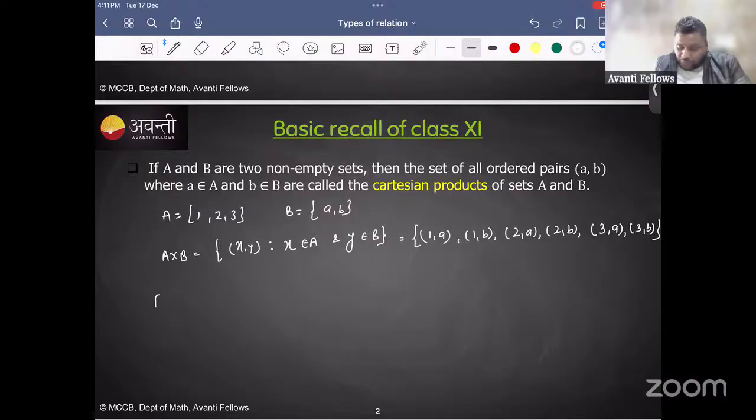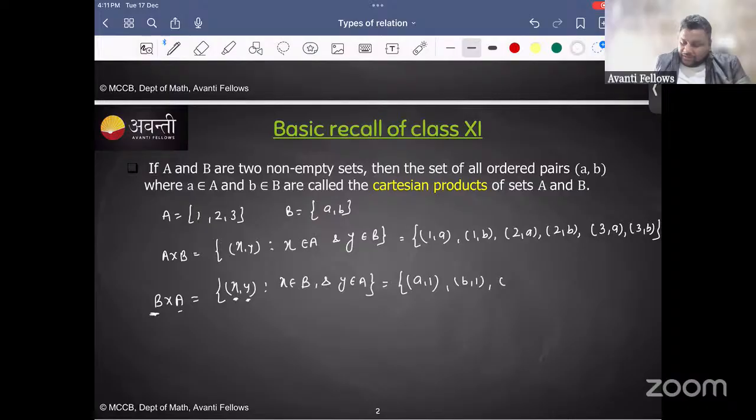Now, if you want the Cartesian product B cross A, that will be (x, y) such that x belongs to B, the first element of the ordered pair, and y belongs to A, the second element. So that is (a,1), (b,1), (a,2), (b,2), (a,3), (b,3).